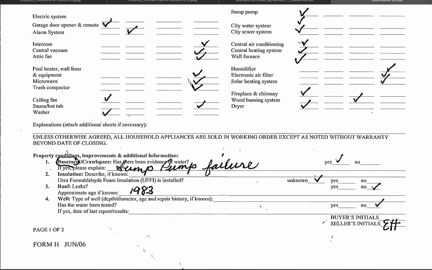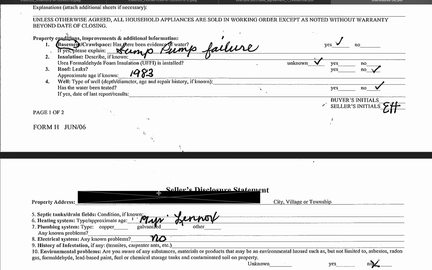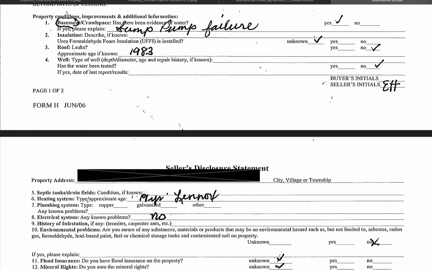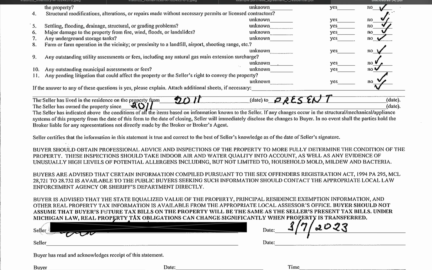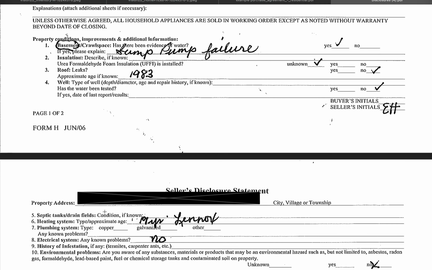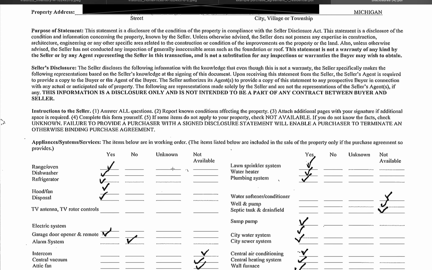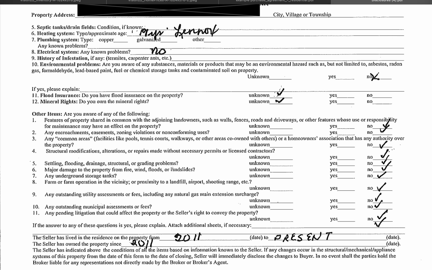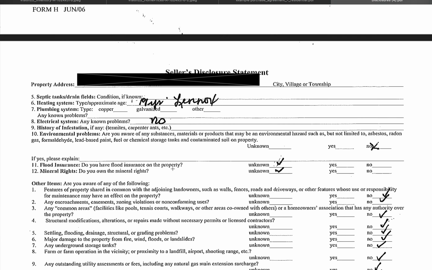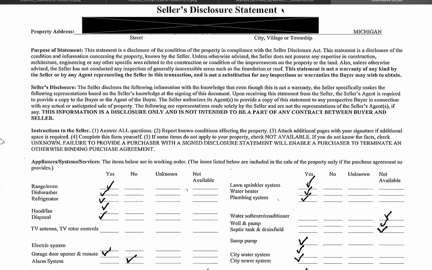The details as far as if there's been any water in the home, when the roof was last put on, when the heating system was last updated, plumbing, electrical, etc. So you'll want to read through the seller's disclosure documents very carefully because you will initial and sign off that you have read and you understand that you got this information up front prior to even the inspection. So that should do it.